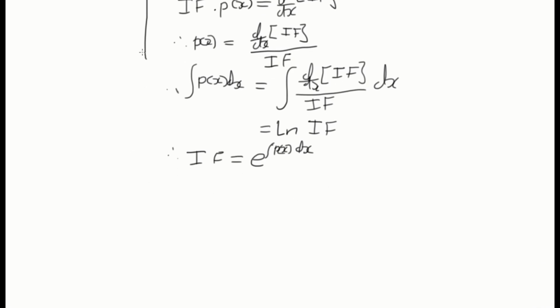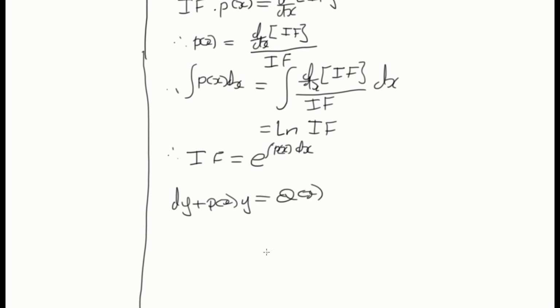So it means now if we are facing a problem dy/dx plus p of x y is equal to q of x. The development of those formulas that we saw there is that we multiply all the terms with this integrating factor. Let me actually use the actual function with the integrating factor.